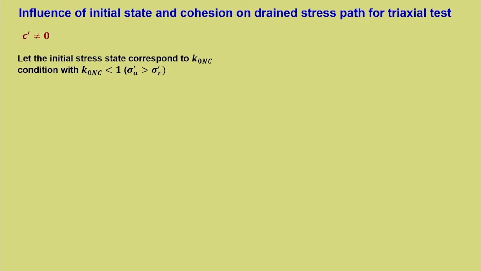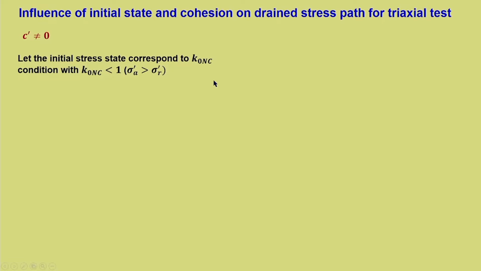Is there a significant difference from what we have learned, or how does it change? And the other aspect is the initial state. Initial state means isotropic consolidation, or whether it is a normally consolidated soil or any other K value which we tend to use. So, let the initial stress state correspond to K naught NC.